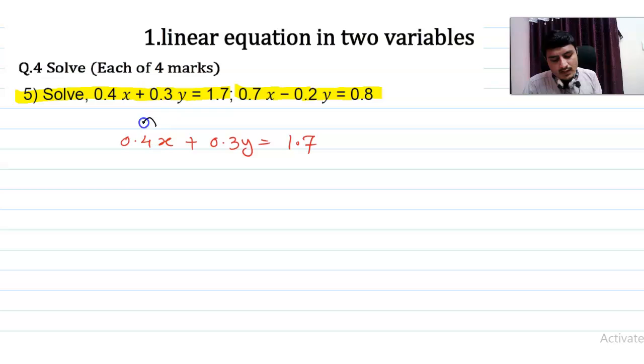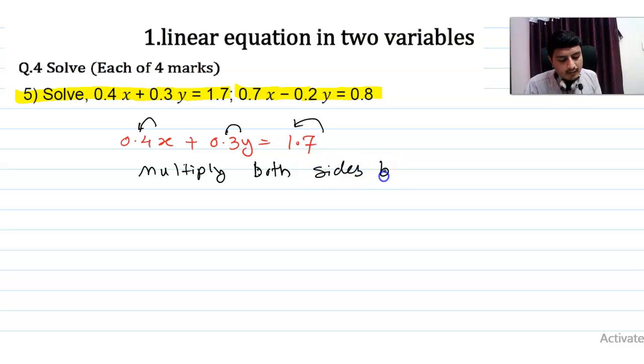After one place we have the decimal in the coefficients of x and y on the LHS, and after one place we have the decimal in the constant on the RHS. So try to multiply both sides by 10, because since there is a decimal after one place, to cancel out the decimal we multiply both sides by 10.